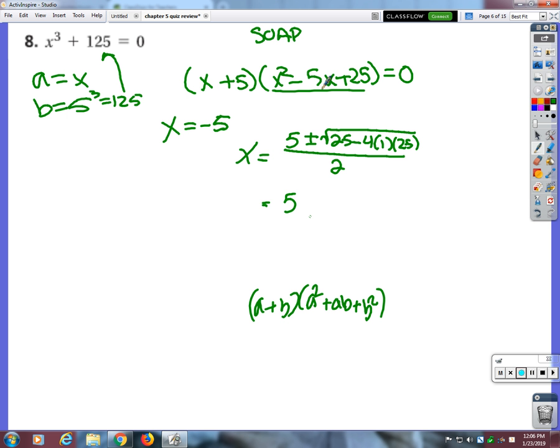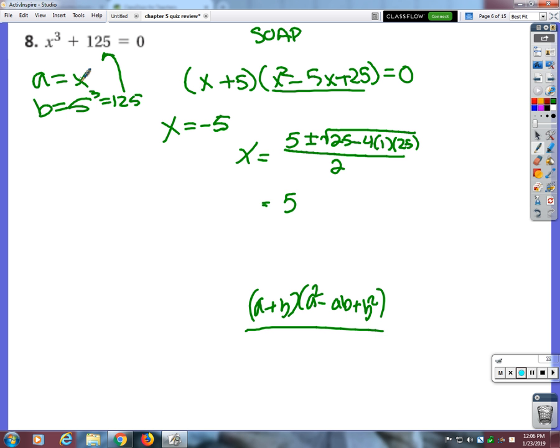This 5 right here, because of the factor pattern, the middle thingy, whoops, that's supposed to be a negative. The middle thingy is a and b multiplied together. So since a was x and b was 5, the 5 is because 5 cubed is 125.